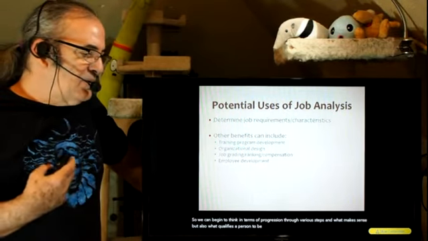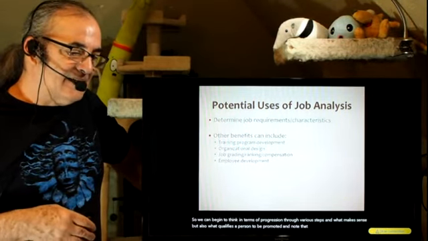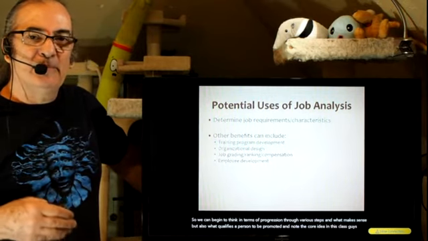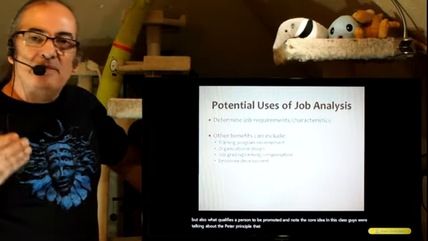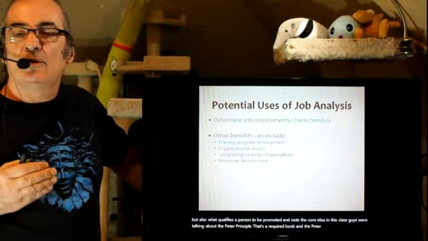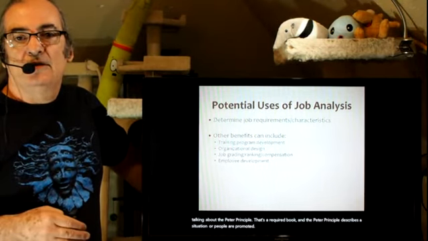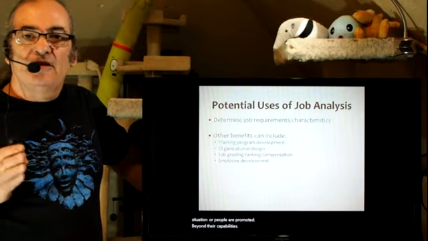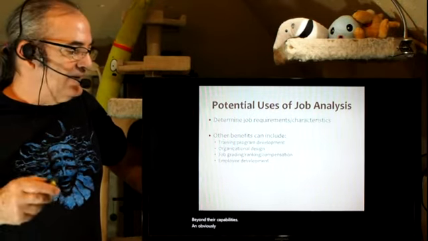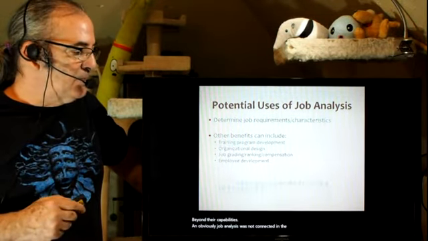And note that a core idea in this class, guys, is the Peter Principle. That's our required book. The Peter Principle describes a situation where people are promoted beyond their capabilities. And obviously job analysis was not well connected in the examples we're going to see within the Peter Principle.